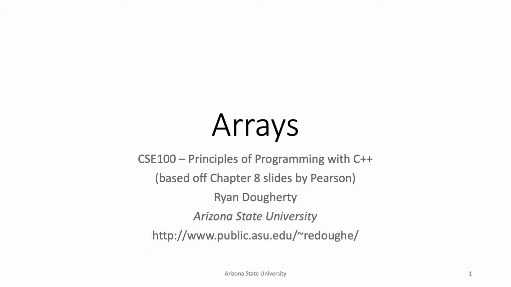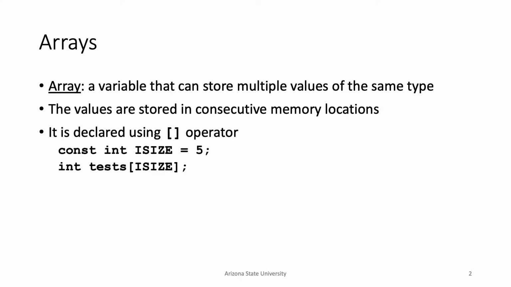So wouldn't that be a lot easier to work with? So that's what an array actually is. An array is just a bunch of variables of the same type. So it's just 1 object in some sense that stores a bunch of objects of whatever type you want.